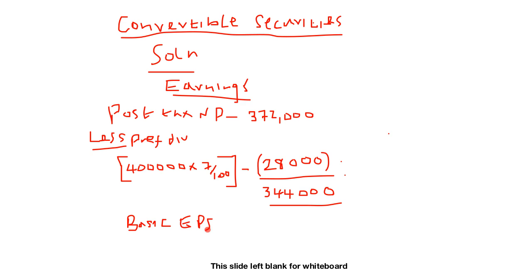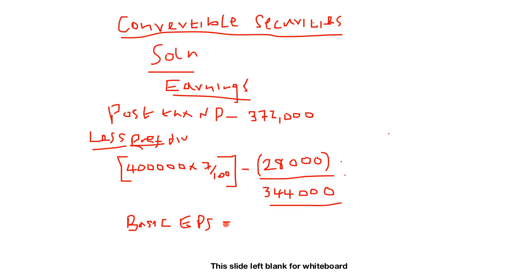Okay, 372 is the profit, yes. Then you less the preference dividend, which we have calculated as 28,000, and therefore the difference is 344, not 372. I hope that is clear.